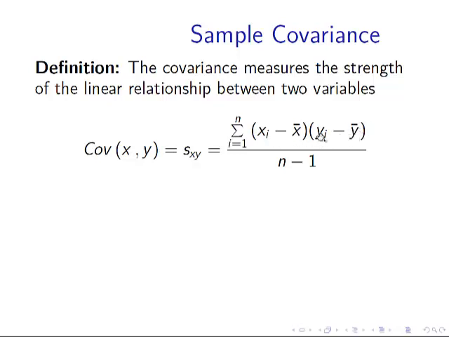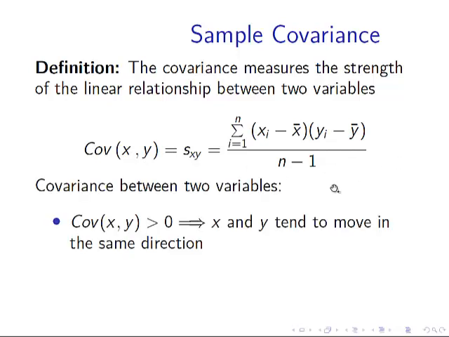If we find all these multiplications where i goes from 1 to n, and then add them all up and divide the result by n minus 1, we obtain the covariance between two numerical variables.